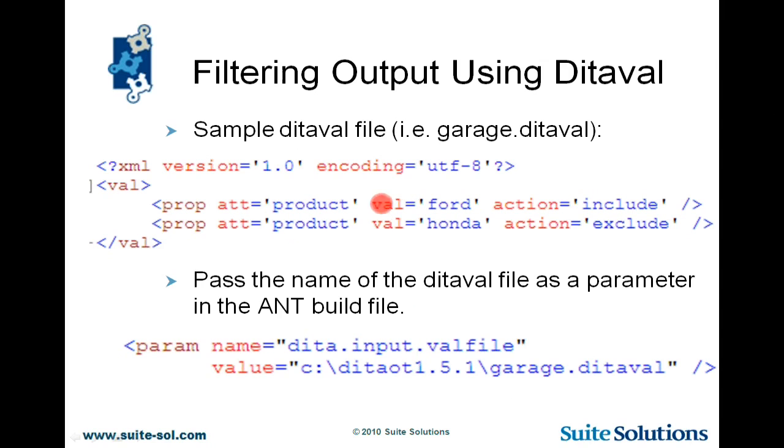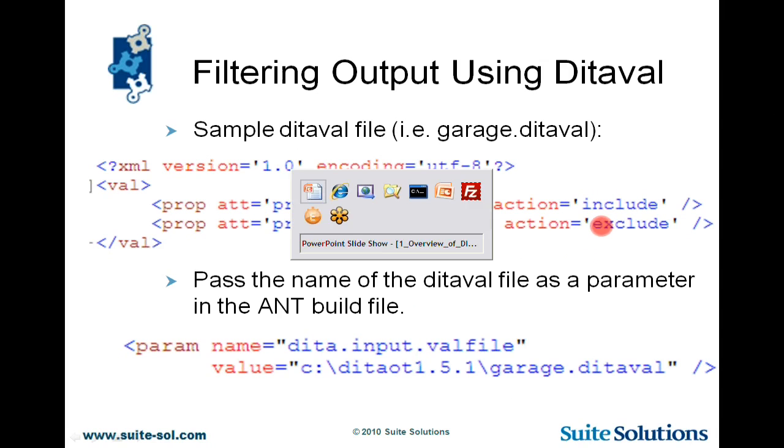So for example, this is saying anywhere where it says product equals Ford, include. Now you don't really need to write this because by default it's included. What's more interesting is the second line, which is saying, where it says product equals Honda, then you should exclude it. So that's step one. You need a DITAVAL file in order to be able to tell the toolkit what it is that you do and don't want to see in your output.